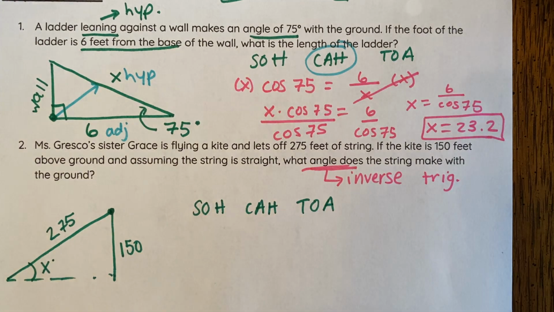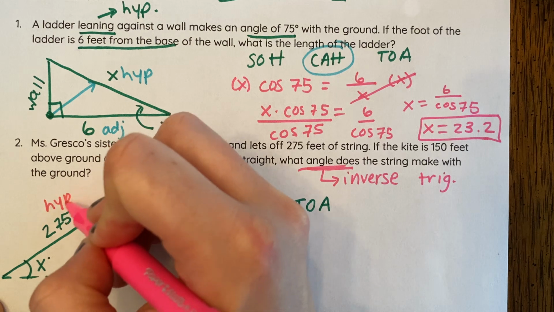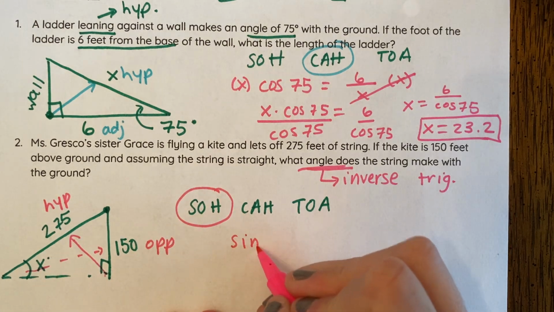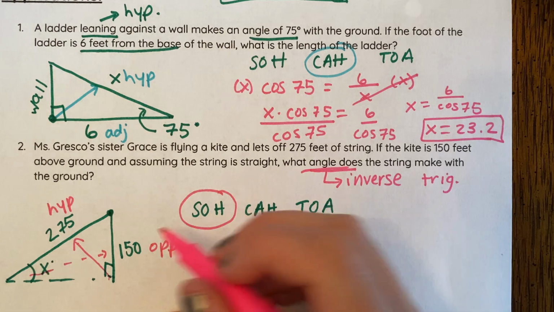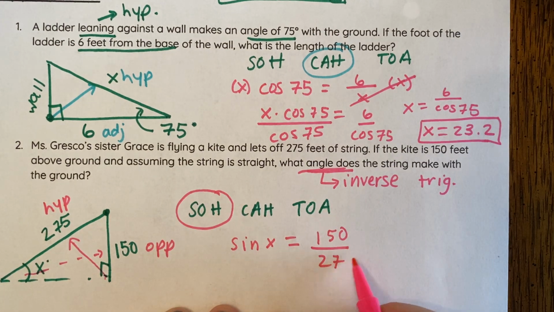because this is my 90-degree angle. I have my hypotenuse, it's across from the 90, and I have my opposite side. So I have sine. So I'm going to use the sine of x is equal to the opposite, which is 150 over 275.